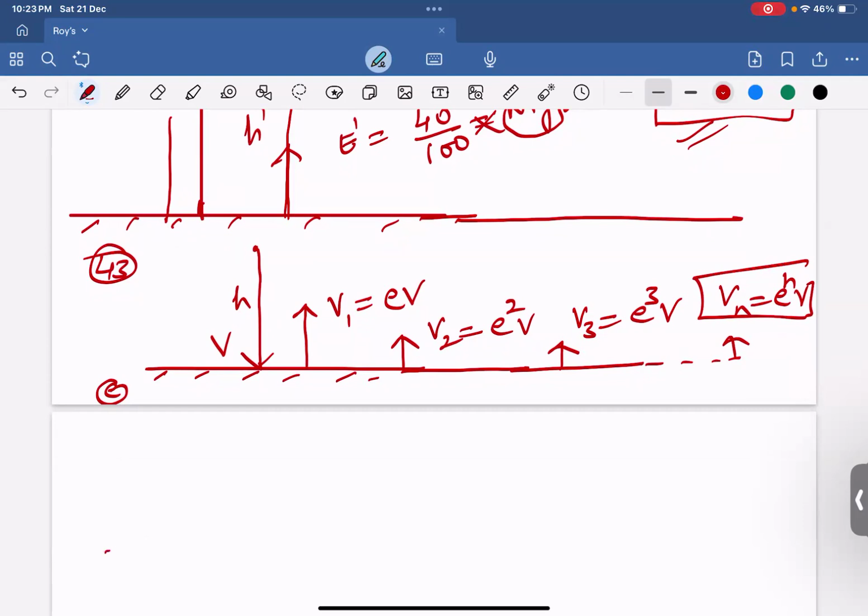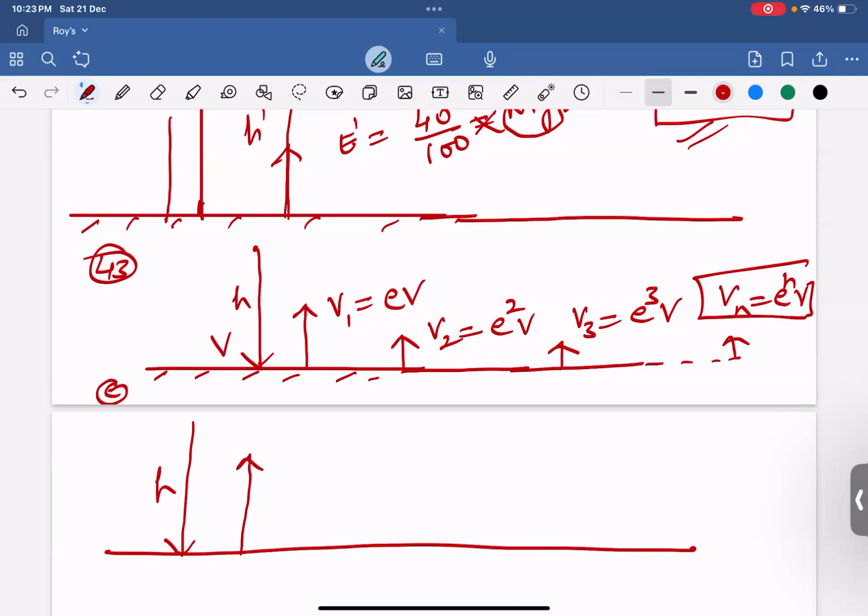Also, if a particle is dropped from height h, after the first rebound how much height will it go? It is proportional to e square times the actual height. In the second rebound, that is h2, it will be e to the power 4 into the actual height.